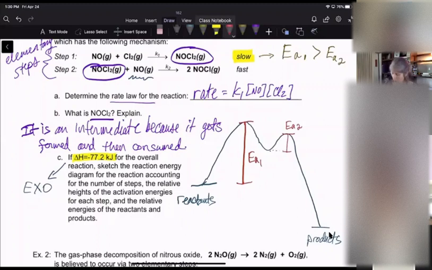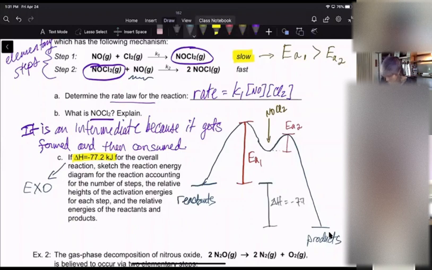That would be the intermediate, NOCl2 there. Right, that's our intermediate. And then let's go ahead and put our heat in there as well. All right, do we cover everything? Sketch the diagram, account for the number of steps so you can see that there's 2 steps and the first one's the slow step.